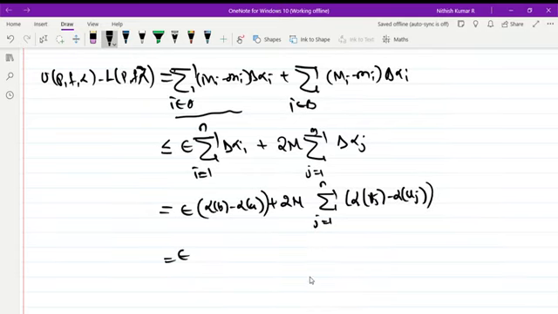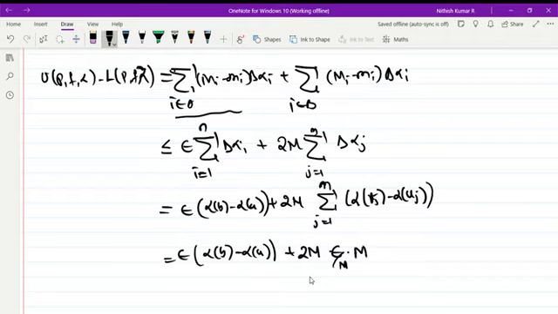This equals epsilon into alpha of b minus alpha of a plus 2m into the sum of alpha of vj minus alpha of uj, which is nothing but epsilon by capital M. Now j varies from 1 to m, so it is m times. So we get epsilon into alpha of b minus alpha of a, and here the m's get cancelled, so it is plus 2m into epsilon.